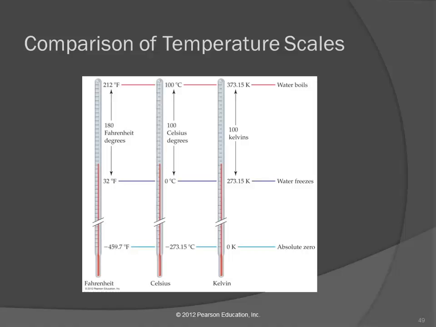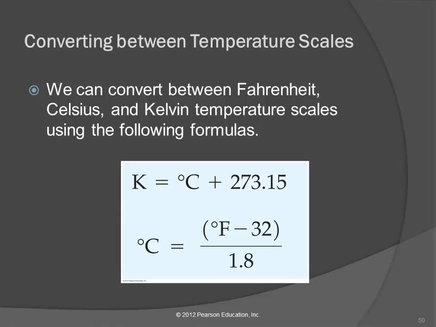We'll talk about gases in a later chapter, but for now we're just going to learn how to do temperature conversions. So here are the two equations, and you should memorize these because we will need to convert between Kelvin and Celsius and between Celsius and Fahrenheit fairly regularly. So the Kelvin temperature conversion is pretty simple. You just take the Celsius temperature and you add 273.15.